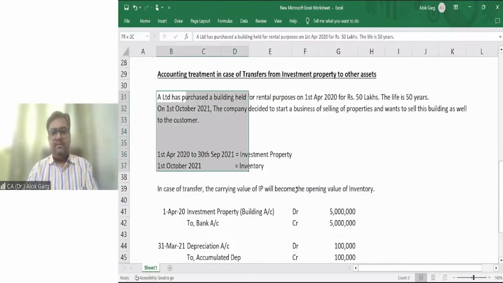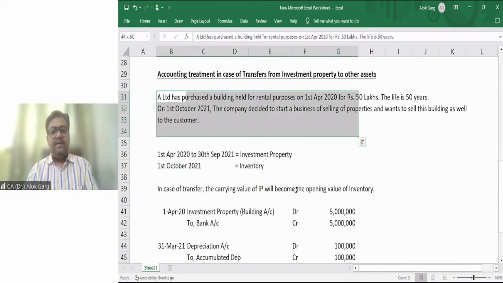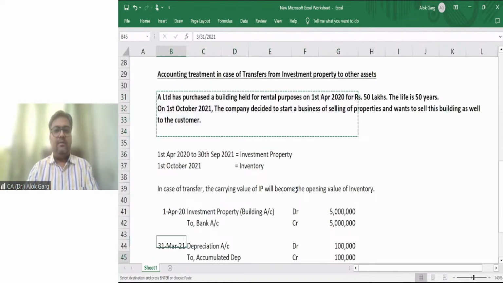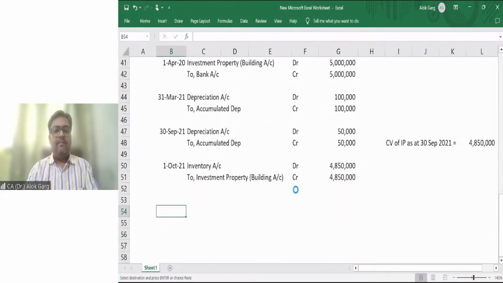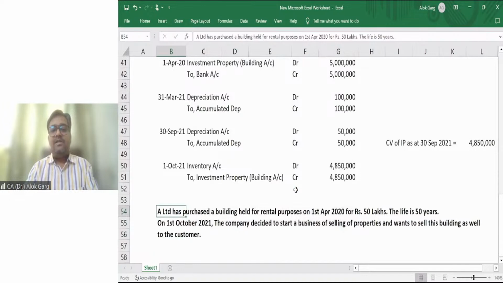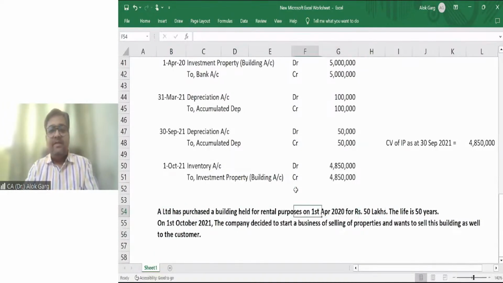Same example. A Limited has purchased a building held for rental purposes on 1st April for 50 lakh. Life is 50 years.